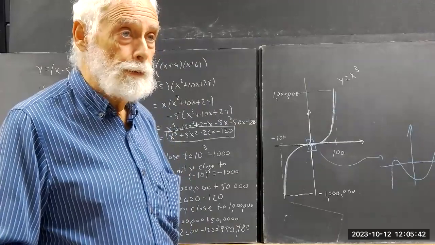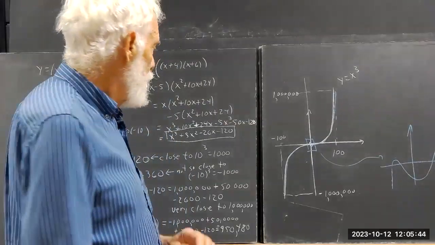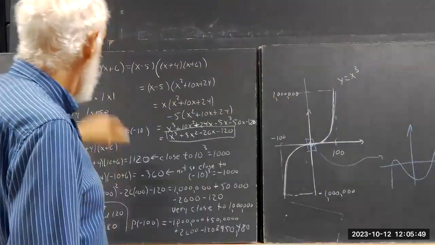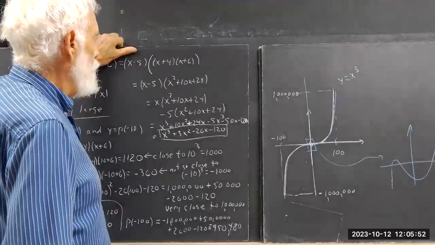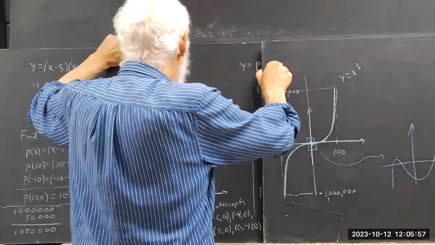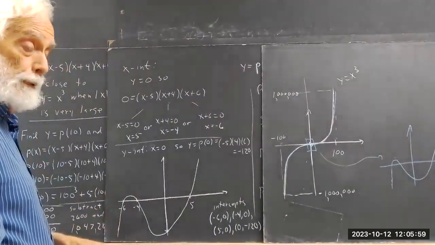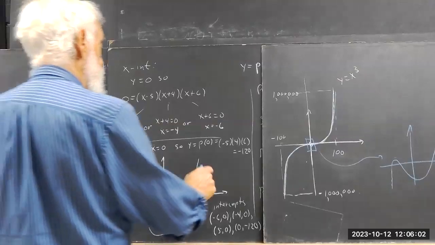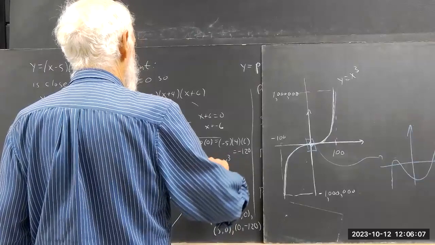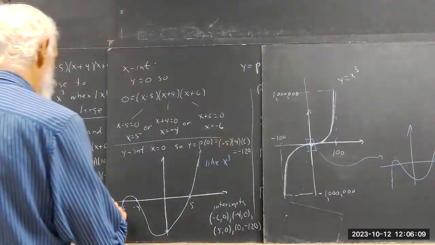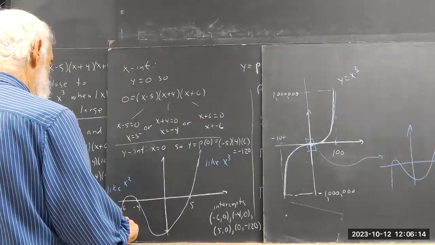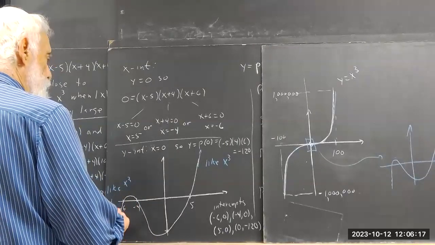Now, why is that important? It's important because the X cubed graph goes up very steep here and goes down very steep here. And that's one good explanation of why we get this and this. This is like X cubed, and this is going to be like X cubed.